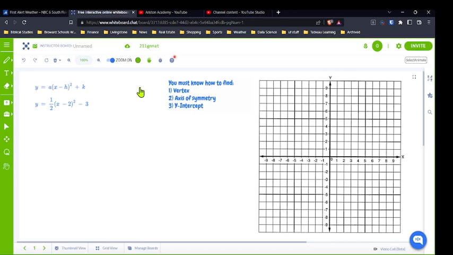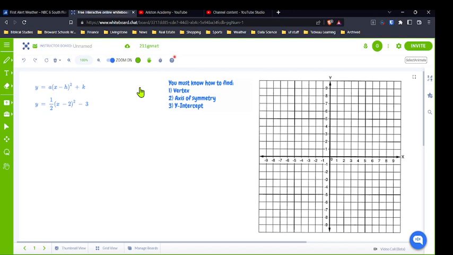There's another type called standard form, and in order to find the vertex in standard form, you have to go through a little bit more trouble. But standard form also has some advantages as well. We'll cover that when we get to standard form. But vertex form is this form right here: a(x minus h) squared plus k.